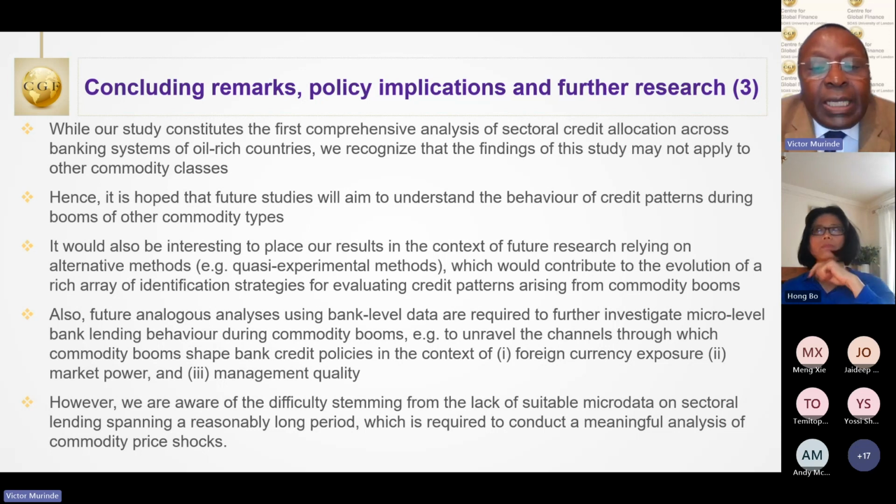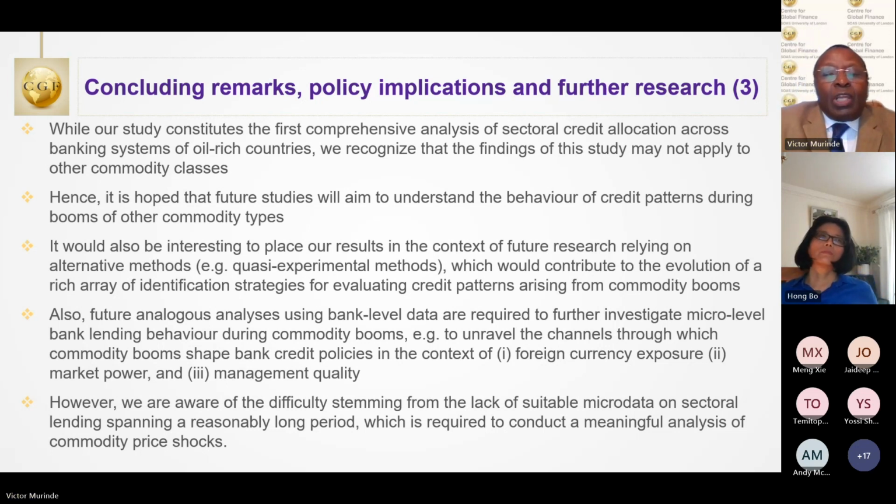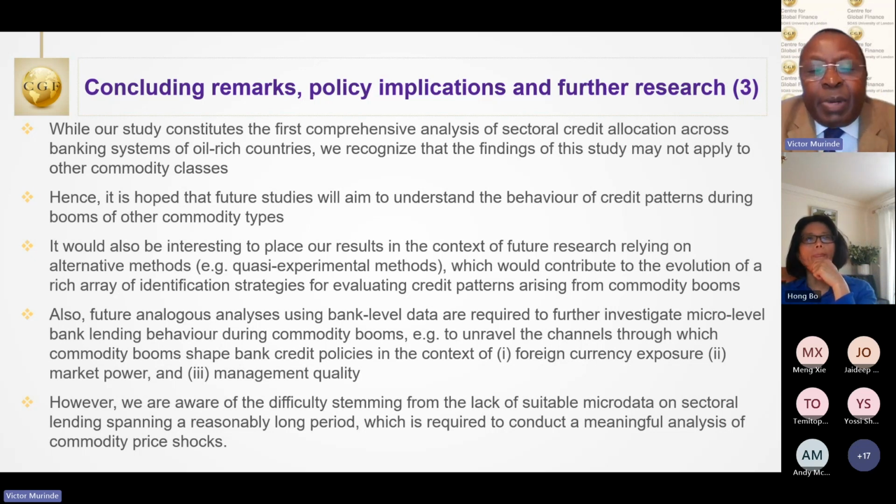For example, to try to use alternative methods, perhaps quasi-experimental methods that are able to structure the economies into control and intervention groups to be able to understand the treatment effects in the way of how the credit patterns work out. That's possibly one way of doing the investigation.